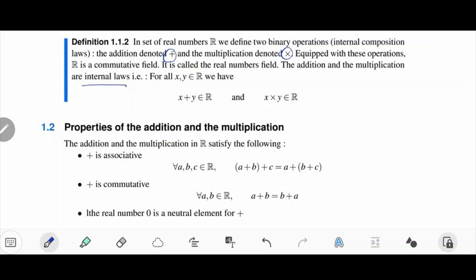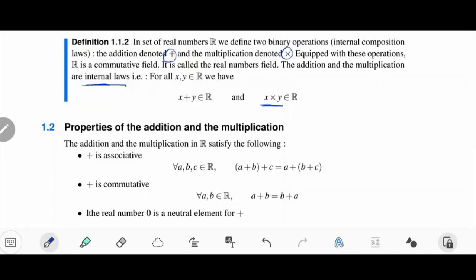Internal laws means that when you add two numbers, the result will be a number in R. When you multiply two numbers, the result will be an element in R, not outside the set R. So they stay in the set where they already belong.